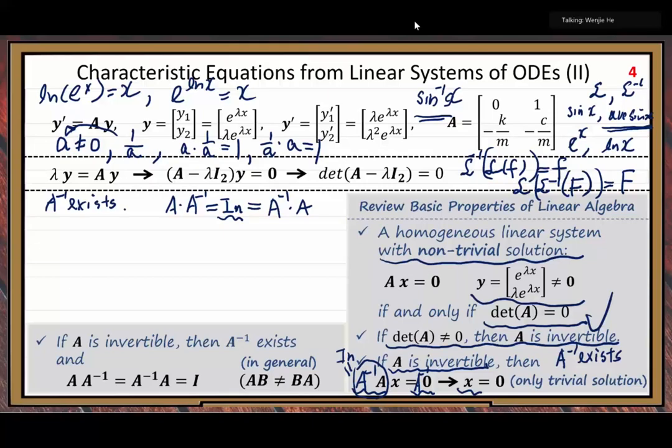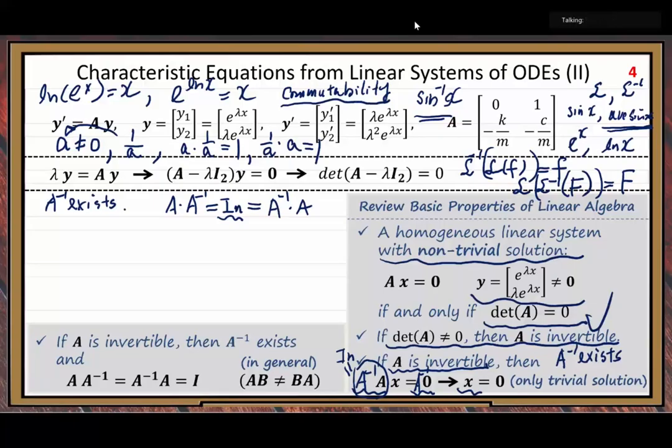Now I move to commutability, not convertibility. You know commute, right? Here I want to talk about commutability. Is matrix multiplication commutable or not?